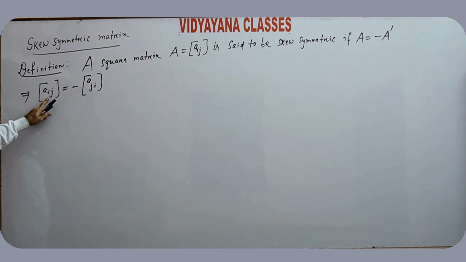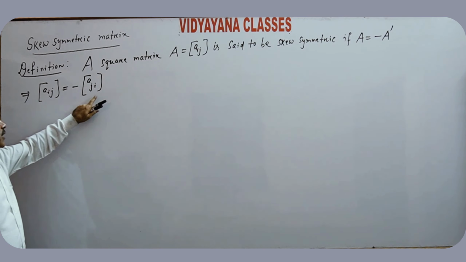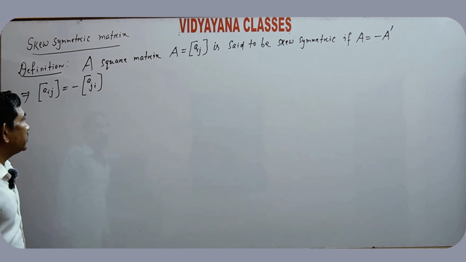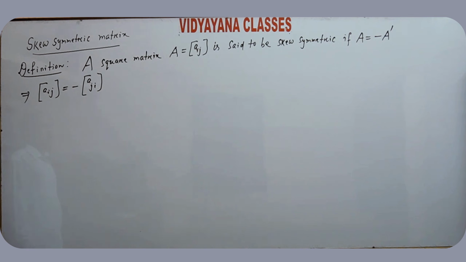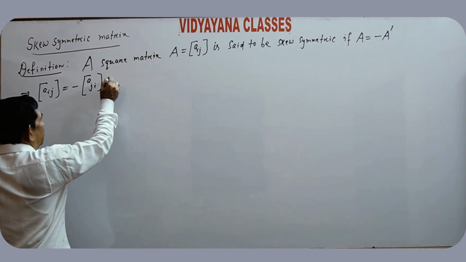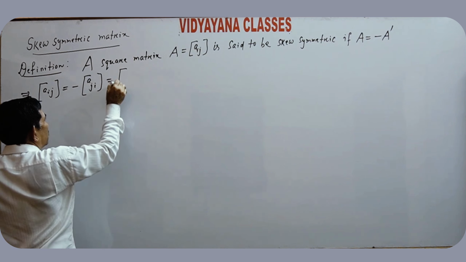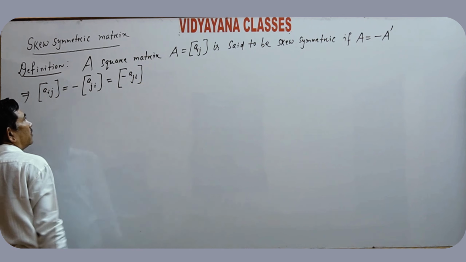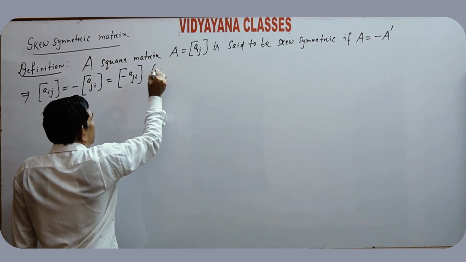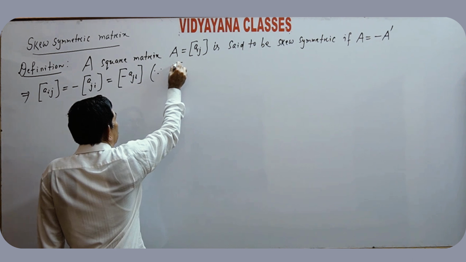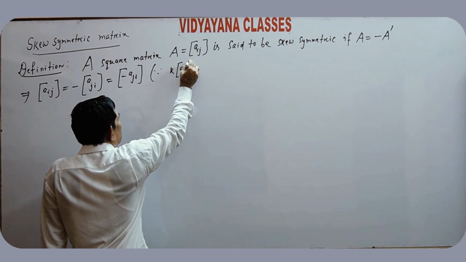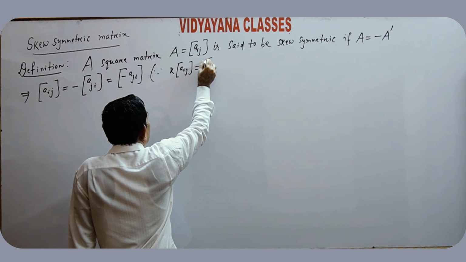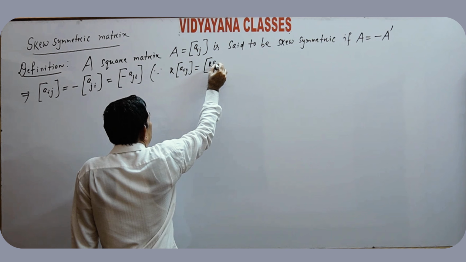It is the element of ith row and jth column; A dash contains the element Aji, which is the same as [minus Aji].